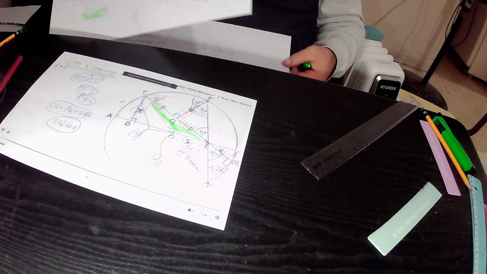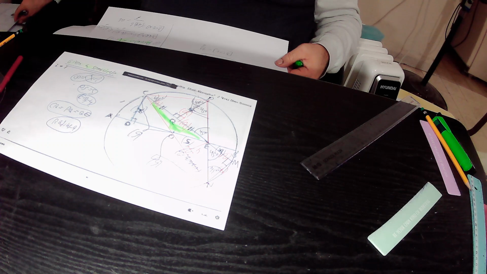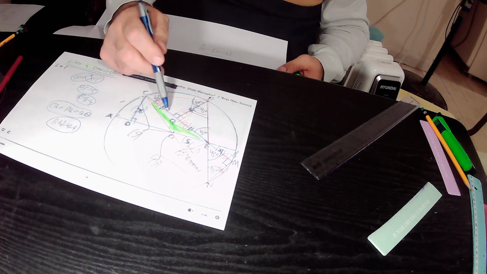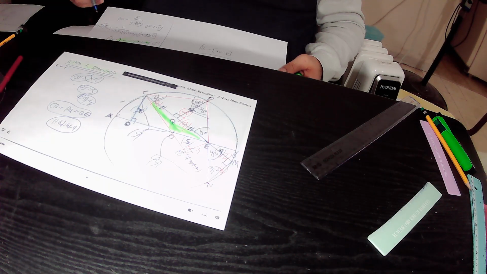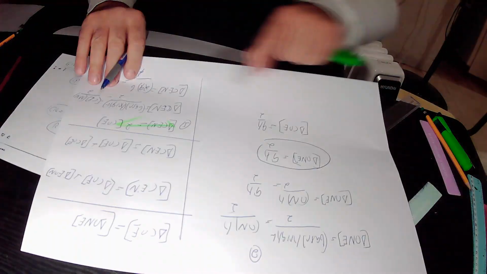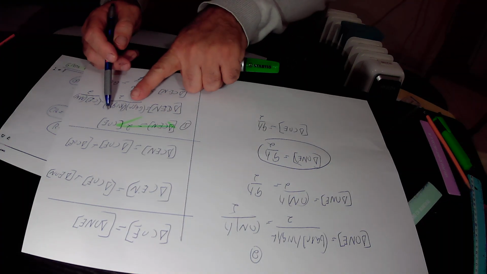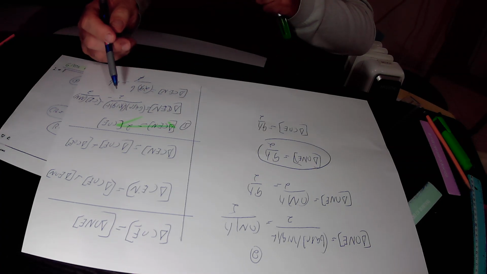Again, the area of the big triangle CEN is twice as much as the area of the green triangle COE.